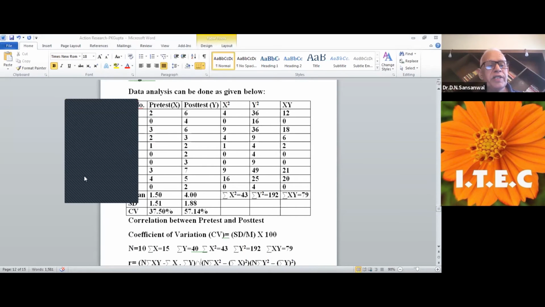So it is 1.51 divided by 1.50, and this is to be multiplied by 100.